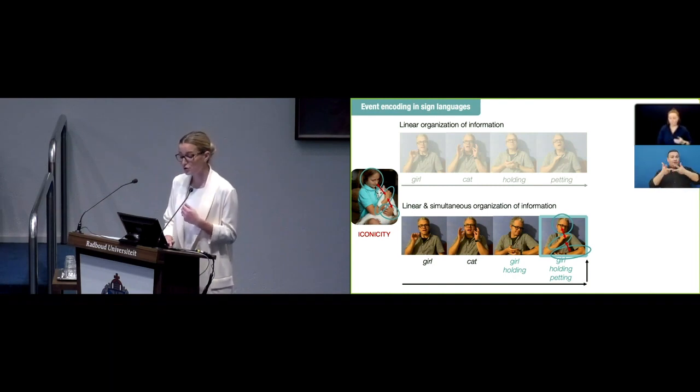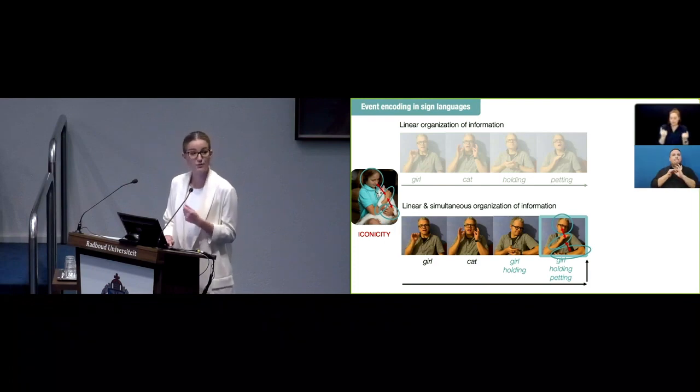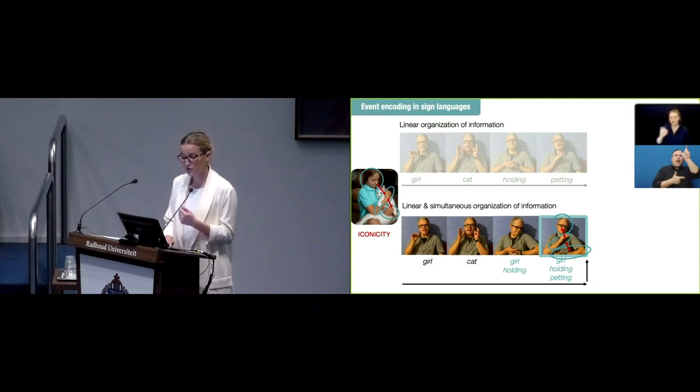Furthermore, the signer also uses iconicity to organize articulators in space in such a way that they reflect the relation between elements in the event. Here we see that using visual modality-specific properties, simultaneity and iconicity, allows signers to represent events more directly.